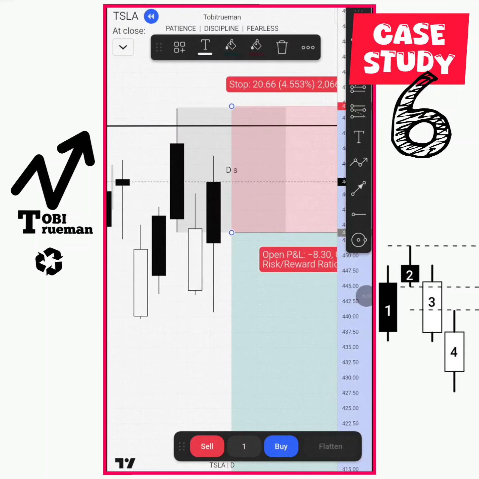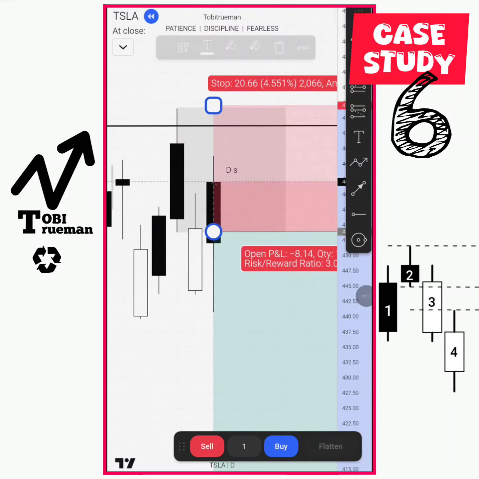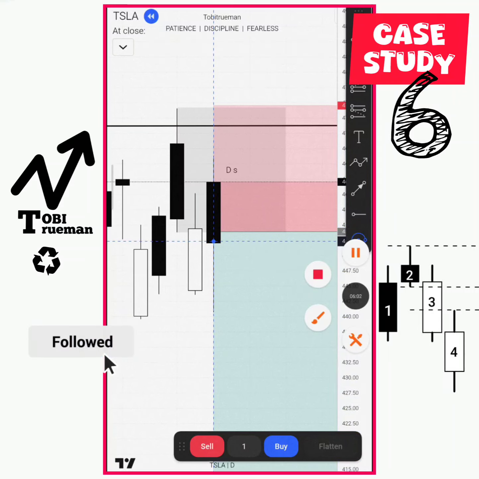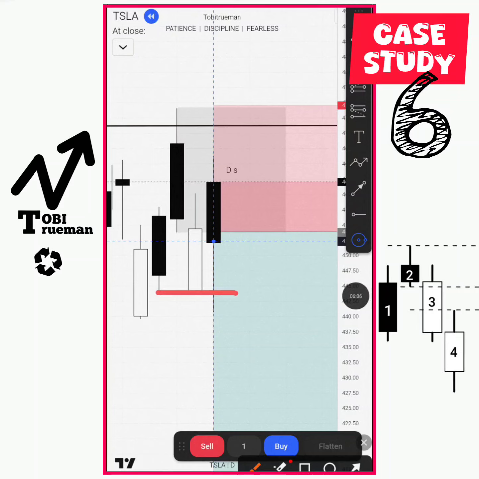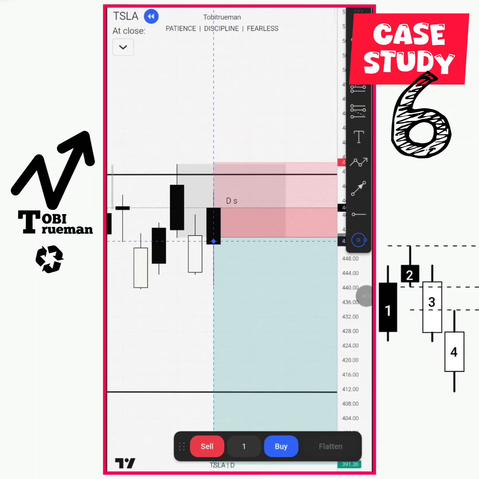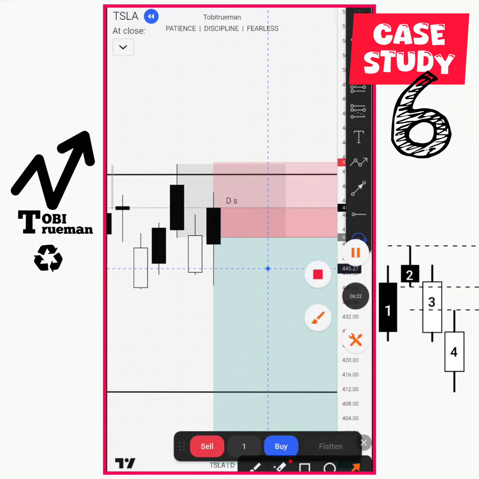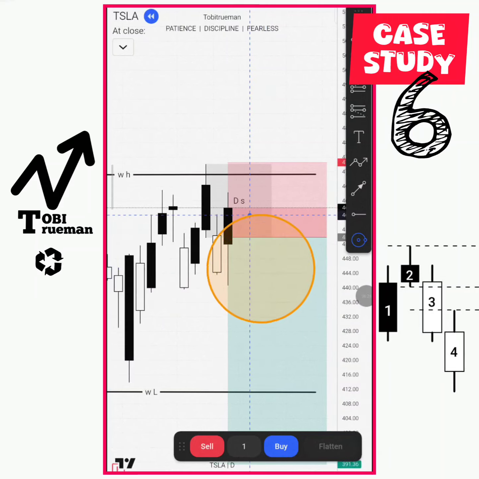You can see without wasting time, price took out the low of candlestick 3. After that, instantly over here, it went back into the candlestick zone of candlestick 2, to activate this trade. So this trade is now activated, and let's see how it will play out on the chart.